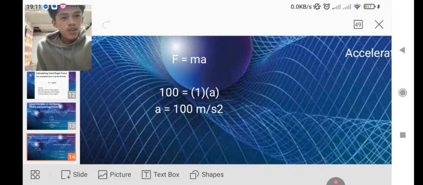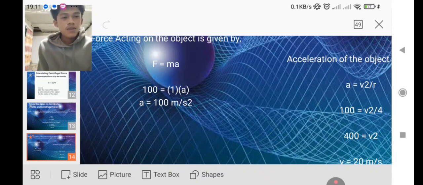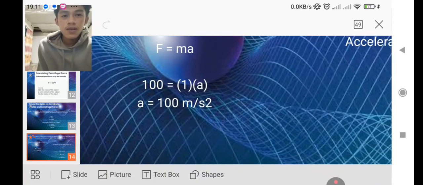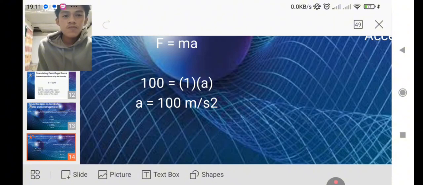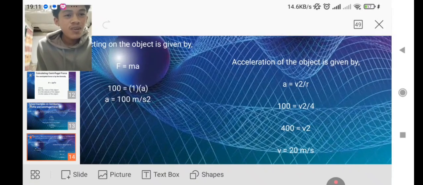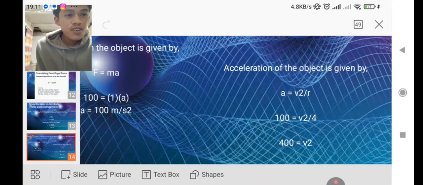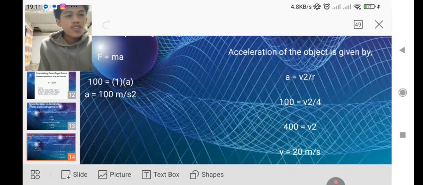So ibalhin nato ang value, 100 times 1 is 100 meters per second squared. So nakuha na nato ang acceleration. Acceleration equals velocity squared over r.